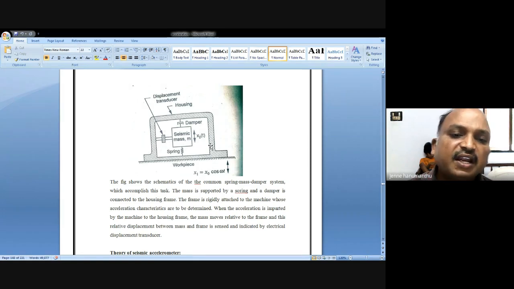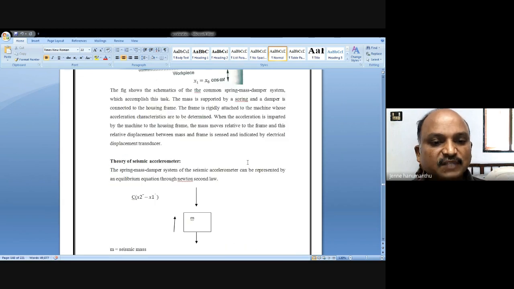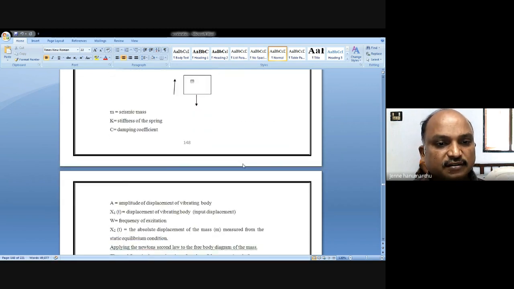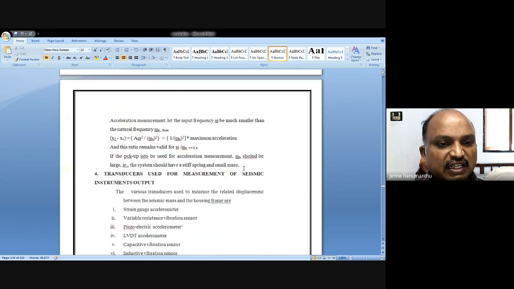When any acceleration occurs, the wiper is going to move. Because of the wiper movement, there is an output voltage. That voltage is proportional to the acceleration applied. Okay. This is the theory regarding this.